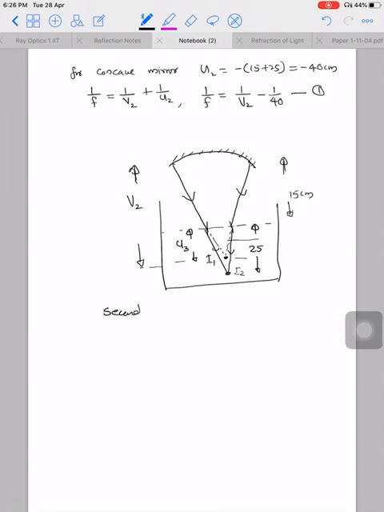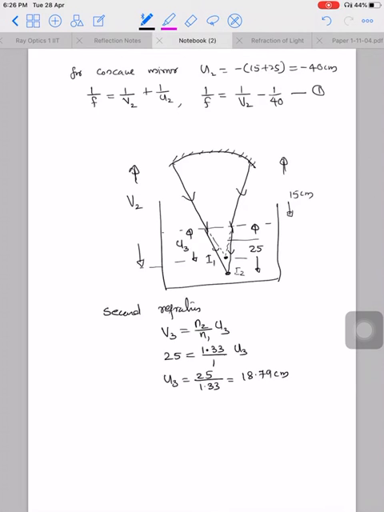For second refraction, image distance v3 is equal to n2 by n1 into u3. v3 is given 25. Here light is traveling from air to water. So refractive index of second medium is 1.33 and the first medium is 1, into u3. So u3 is equal to 25 by 1.33, that is nearly 18.79 centimeter.